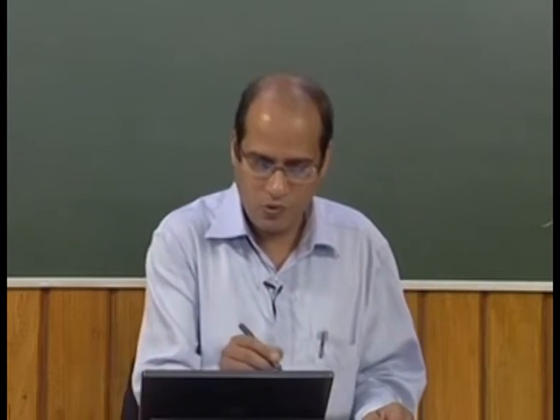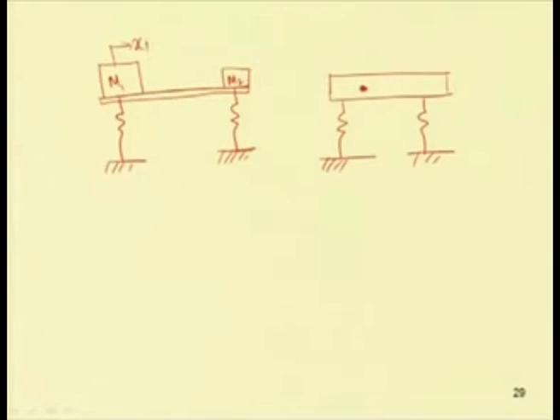As this is a 2 degrees of freedom system, one can have the displacement x1 here, displacement x2 here, or one can represent this by the displacement of this side and the rotation of this side also. So, one can represent this equation in terms of x1 and theta.